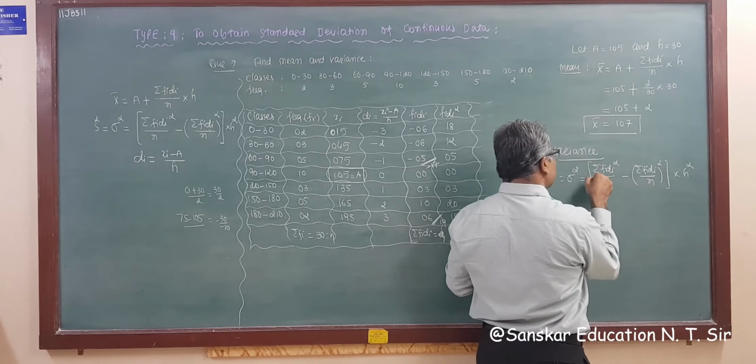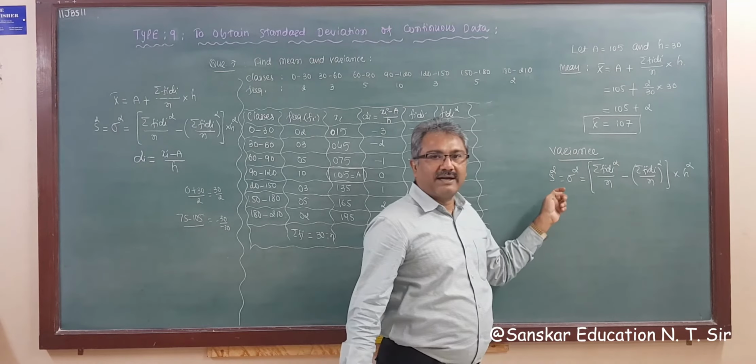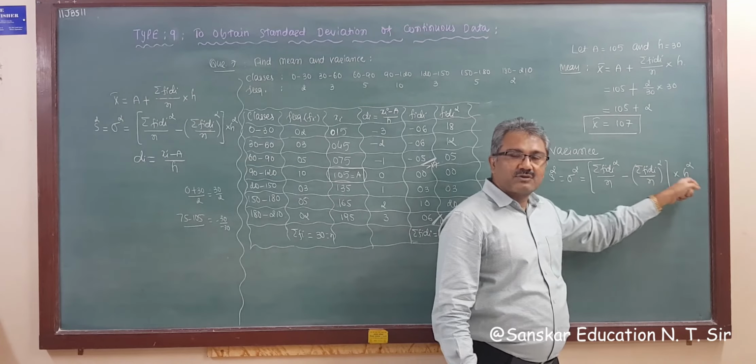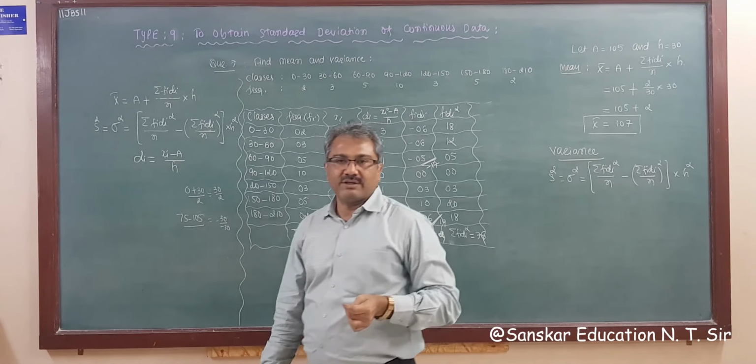And if you are writing standard deviation, then we take the square root of this, so this becomes only h, right?